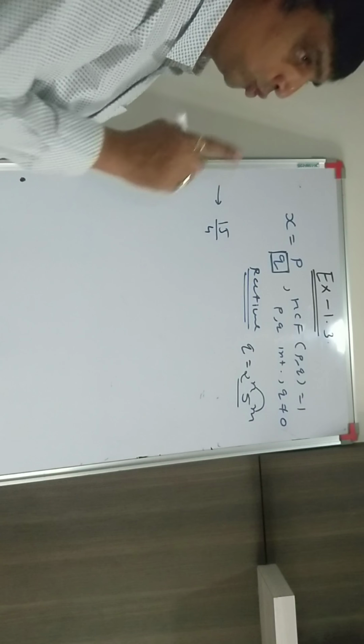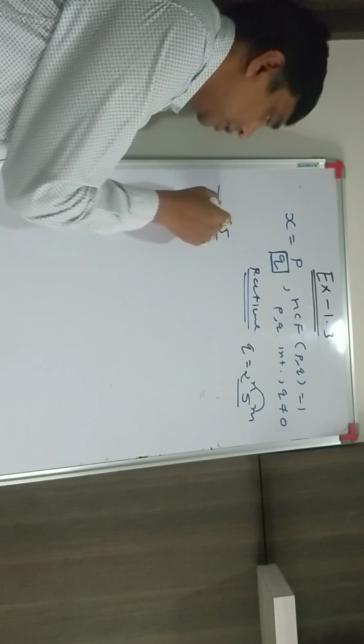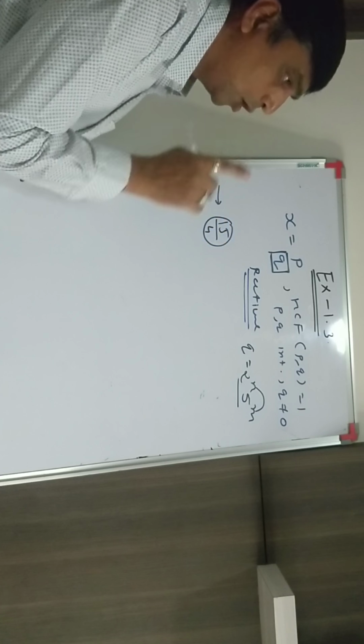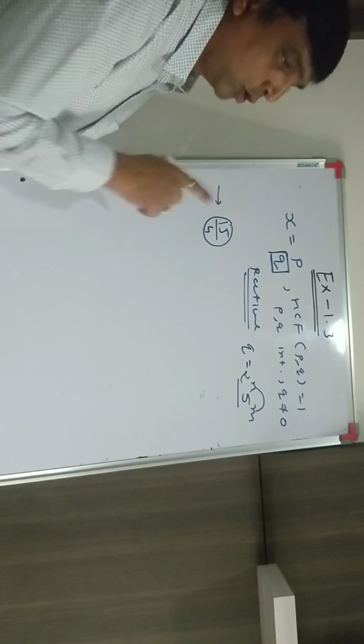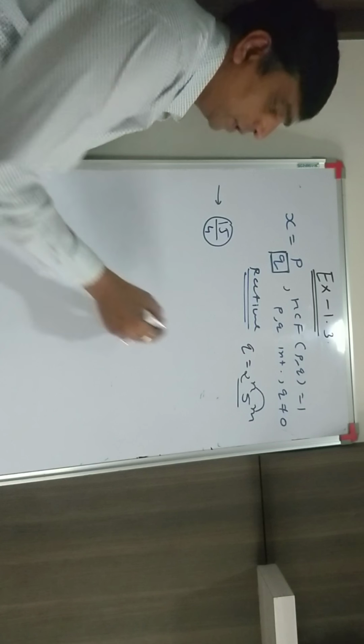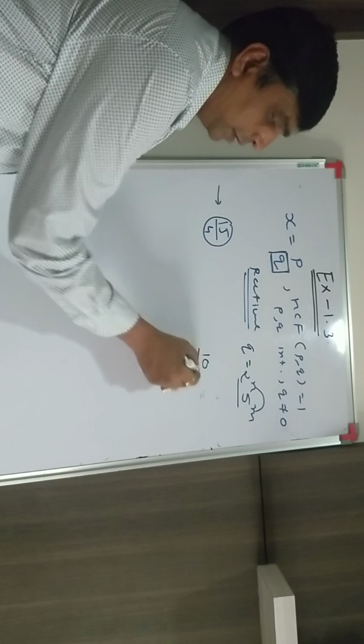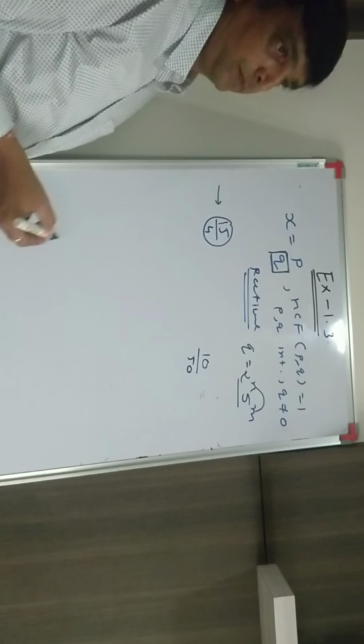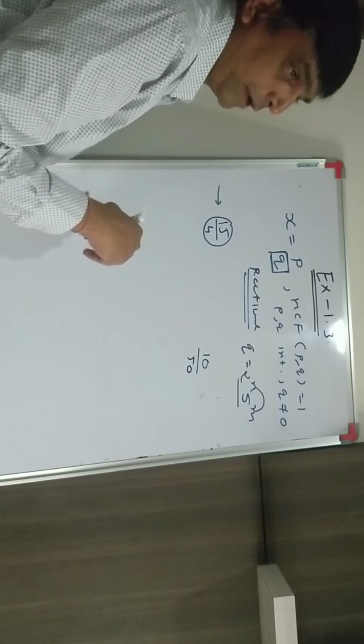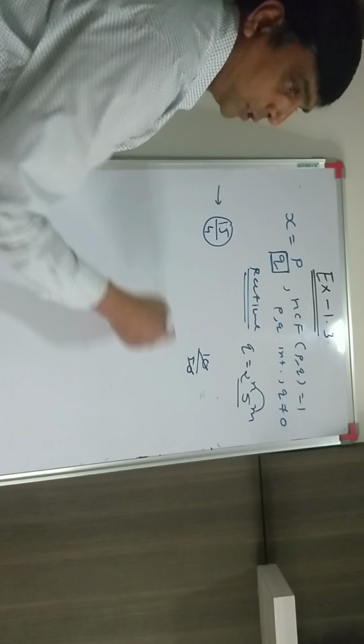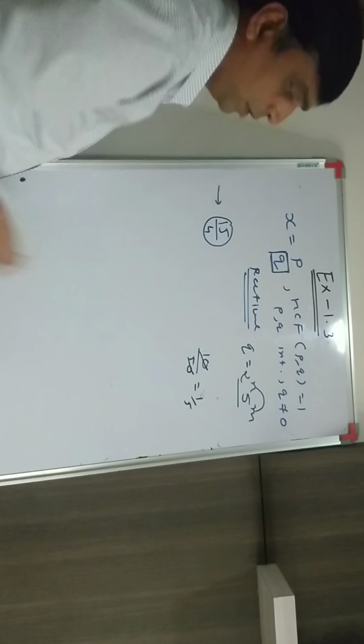First, you have to check whether they are in their simplest form or not. If not, you have to simplify first. One example, if given 10 by 50, common factor 10, cutting is possible, it is 1 upon 5.